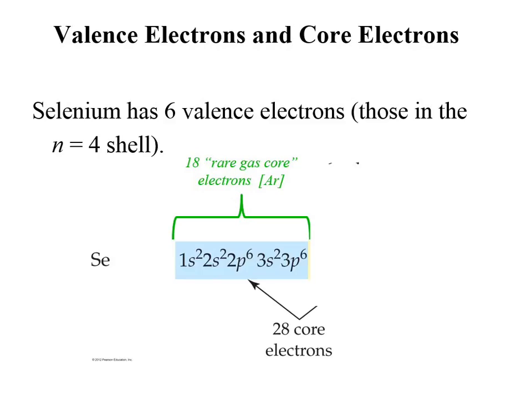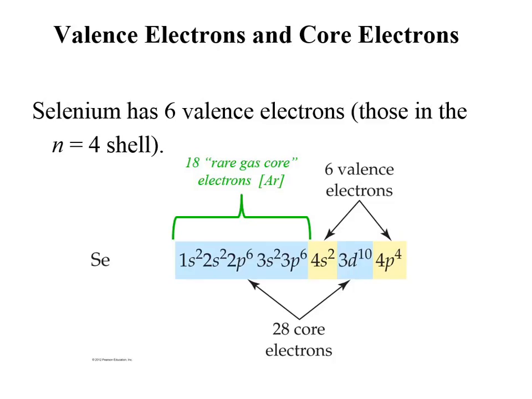Yep. So let's look for them. This, by the way, is the abbreviated rare gas notation you might use for argon, which is in the period before selenium. So argon is 18 electrons, and the electrons beyond argon would look like this using the arrow diagram: 4s2, 3d10, 4p4.